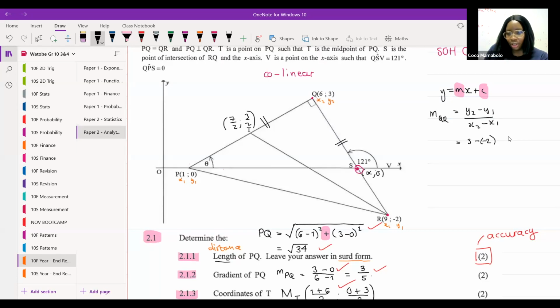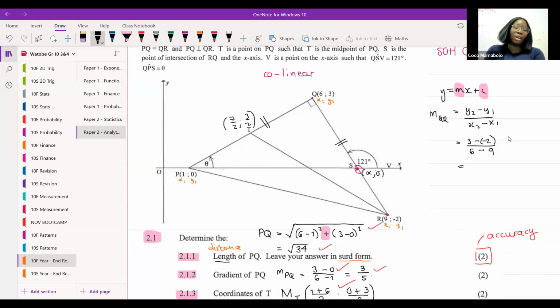Good. Brackets all over x2, which is 6, minus, what's my x1 value? x1 is 9. Correct. 6 minus 9.